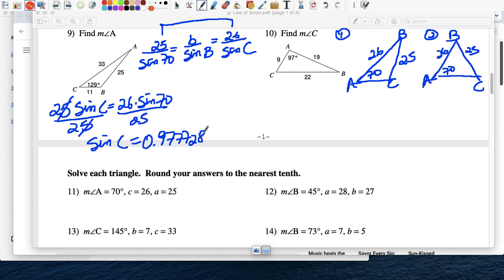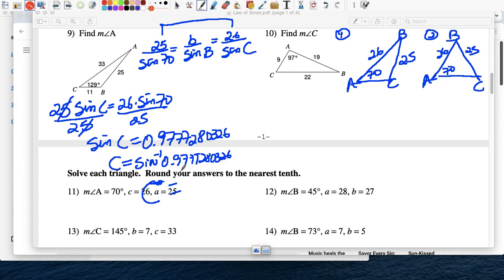What angle gives us that ratio? We have the ratio, so we want to go back and find the angle. In order to do that, we're going to take the inverse sine of 0.977280326, and we get angle C.